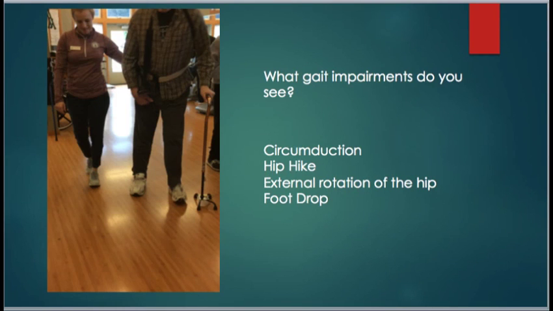Let's take a look at a few patients and determine some gait impairments that we might see. As you can see here, this patient has already been fitted with an assistive device. Let's look at the patterns he uses.